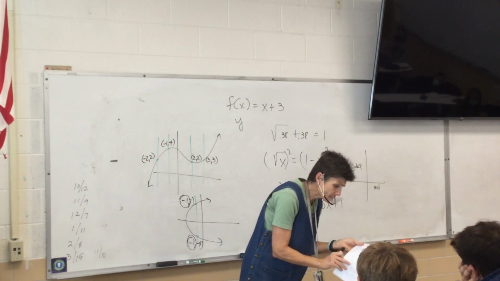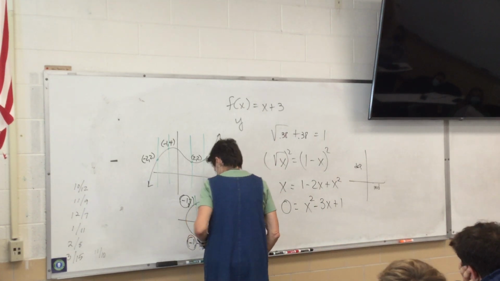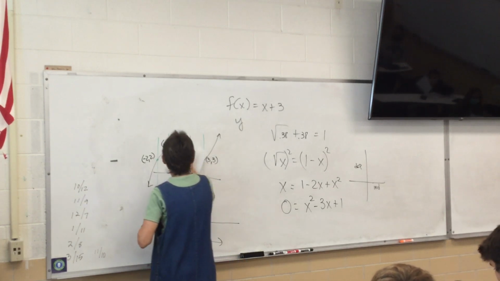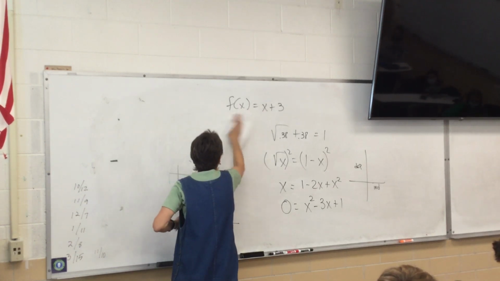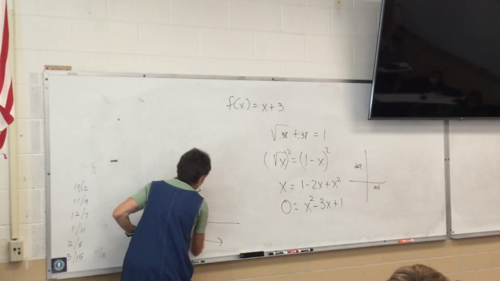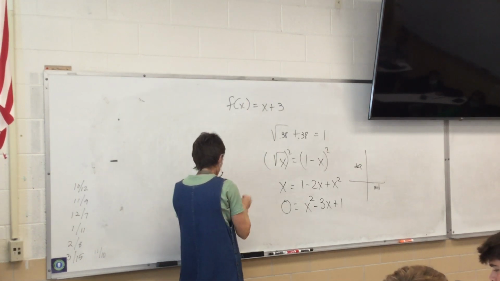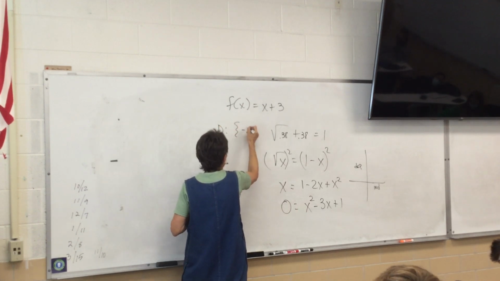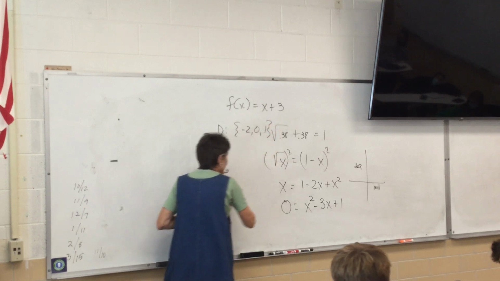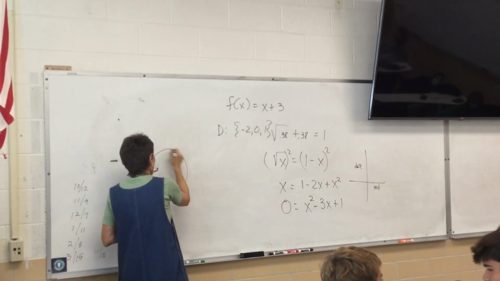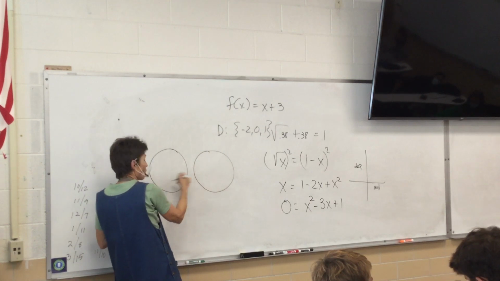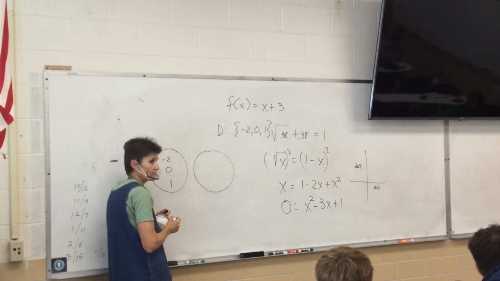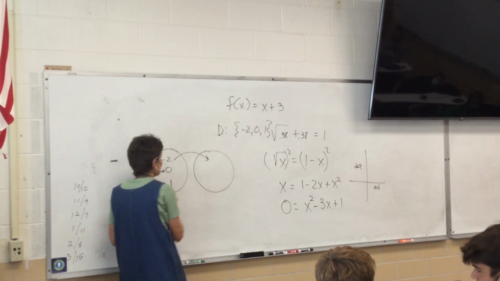Mapping. Sometimes when functions are drawn, have you seen them drawn as a mapping before? So, for example, let's just use my function that I have here. If I give you the domain, let's just say -2, 0, and 1, when you draw a mapping, you simply draw a couple of circles, and you put your domain in the first one, and then you put what happens to it in the second one.